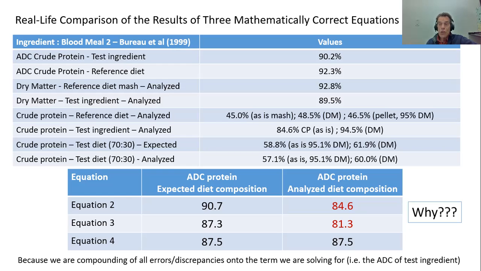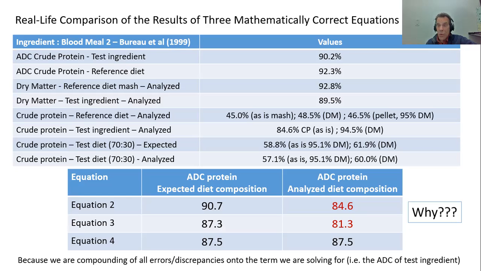Moreover, if we use an assumed composition, because we use a mixture of 70% reference diet and 30% ingredient, mix it together and make assumptions, versus when we analyze the value, we also arrive at different estimates of digestibility.